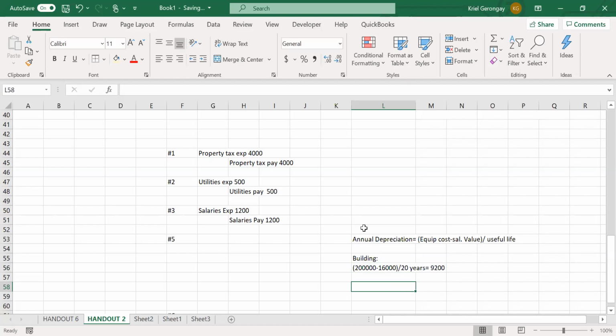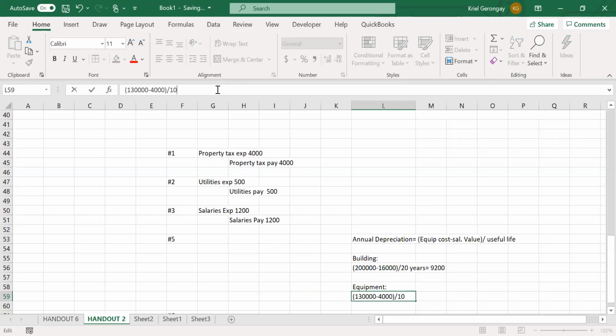Do you want to do the second one, Johnny? Equipment? Okay. So for your equipment, the problem says that your equipment is worth 130,000, which is your equipment cost. Then you would subtract the salvage value, which is 4,000, and then you would divide that by the number of useful years, which is what? 10.